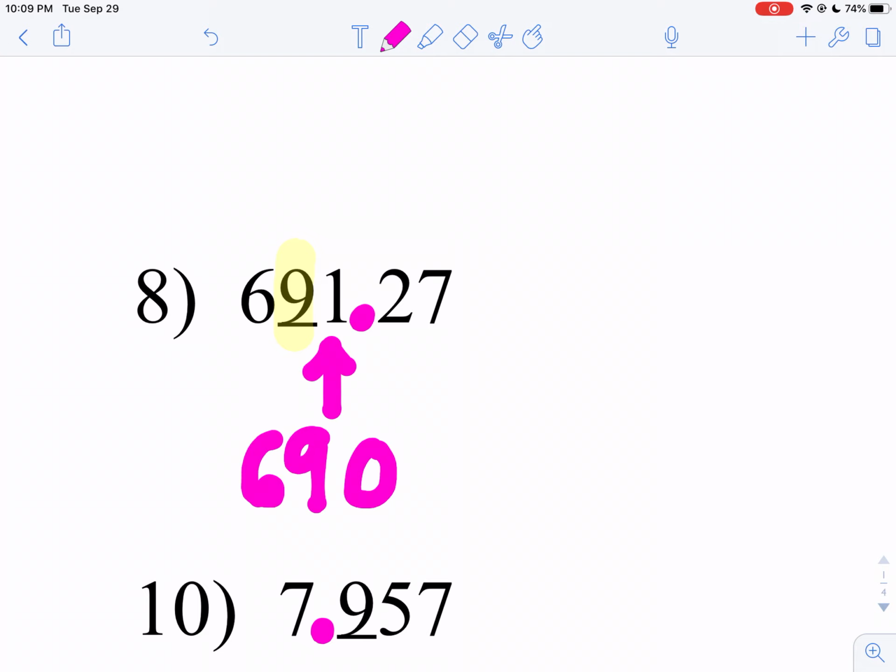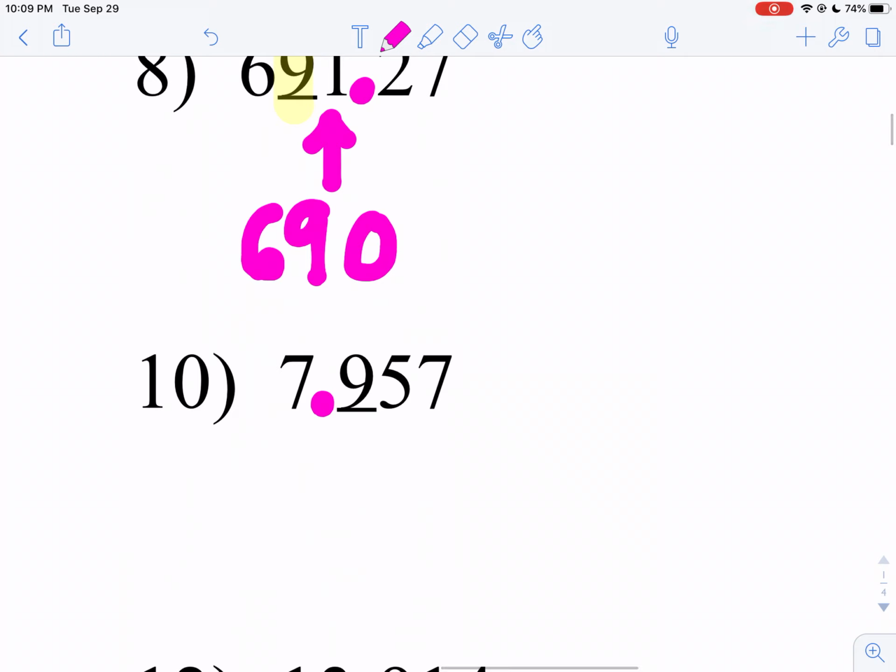All right. Okay, I'm going to do number 10, and that's the last problem that I'm going to do. Again, watch this one closely because you have a number which is underlined after the decimal point. So this is the original problem. What I need to do first is locate my decimal point, which is right here between the 7 and the 9. Then step 2, I highlight my underlined number, the one that I need to round. And then number 3, I put an arrow below the number that I need to look at.